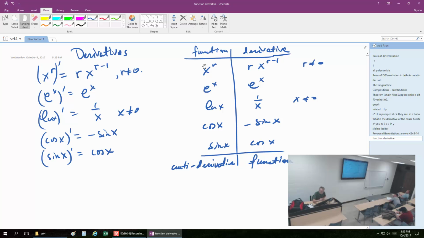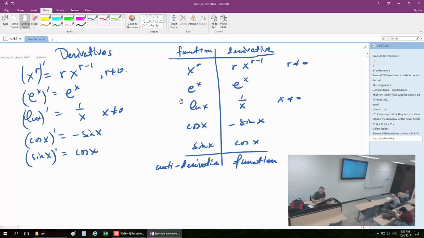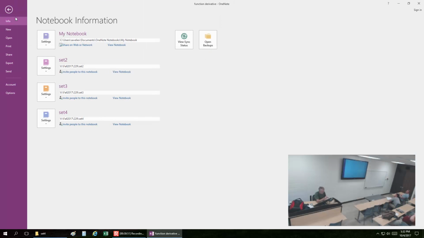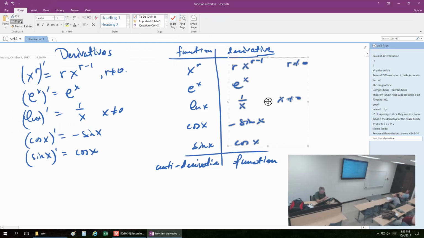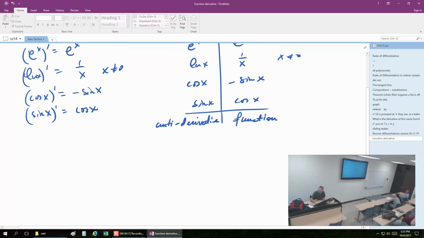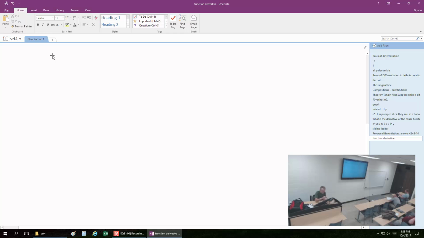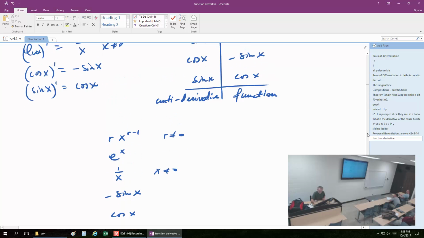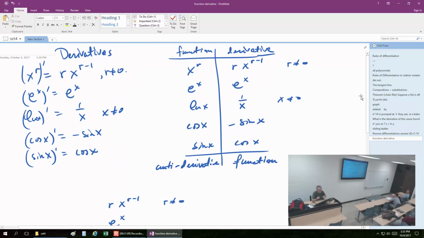So let me try to take it. This is going to be my left column. Copy. That is my left column. Paste. Now, what used to be my left column becomes the right column and vice versa. So now this is going to be my right column.